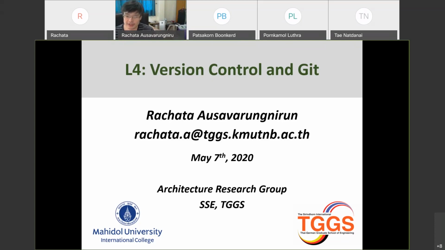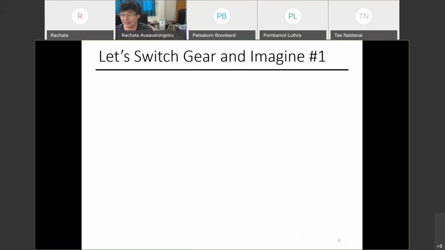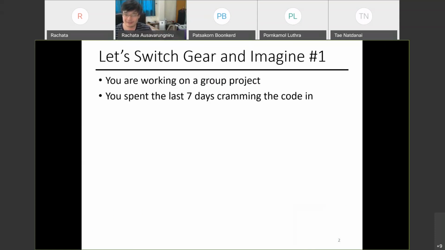Today we're going to switch gear a little bit and talk about version control. Because it's a switch gear, let's actually do this mental exercise. Imagine you're working on a group project, and you spend the last 7 days cramming your code in.